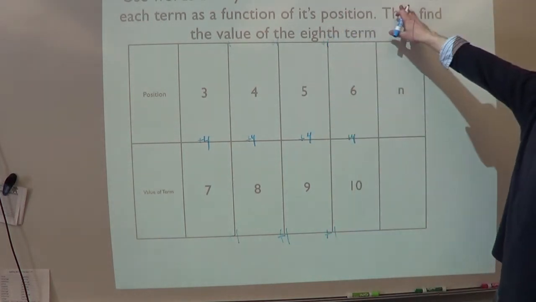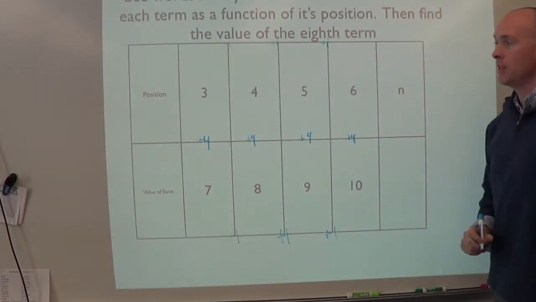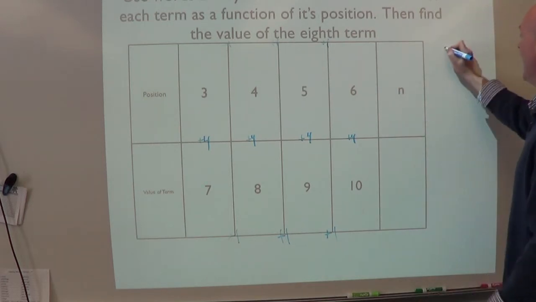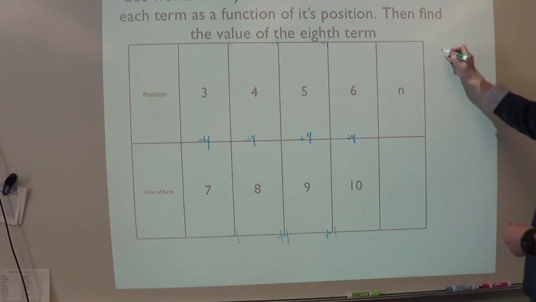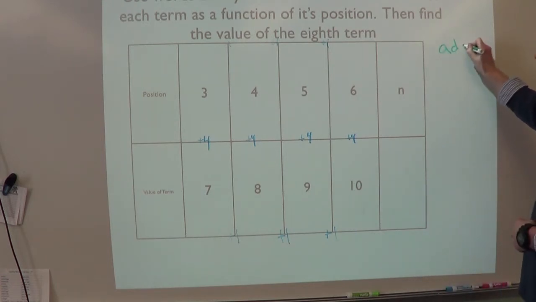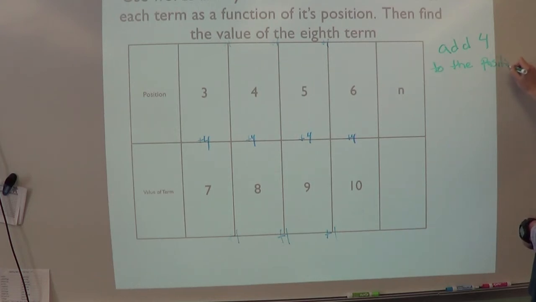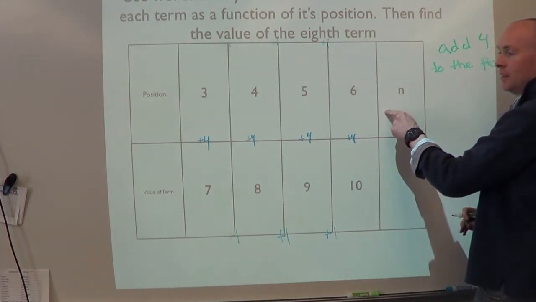So use words and symbols to describe the value of each term as a function of its position. So our value is going to be add 4 to the position. Our position is here.